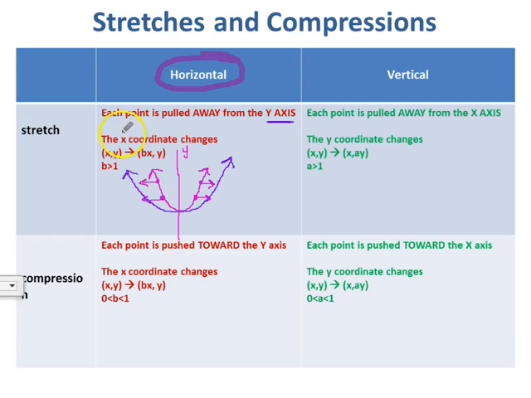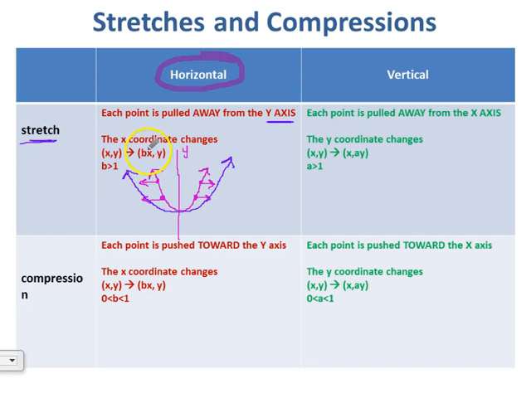So we talked about rules when we reflect points over an x or y axis. We also have rules that we can use when we're talking about stretches and compressions. So when we're talking about a horizontal stretch, the rule is that we take the original x and y coordinate, and for the new coordinate, we're going to take the x and multiply it times whatever the stretch is.